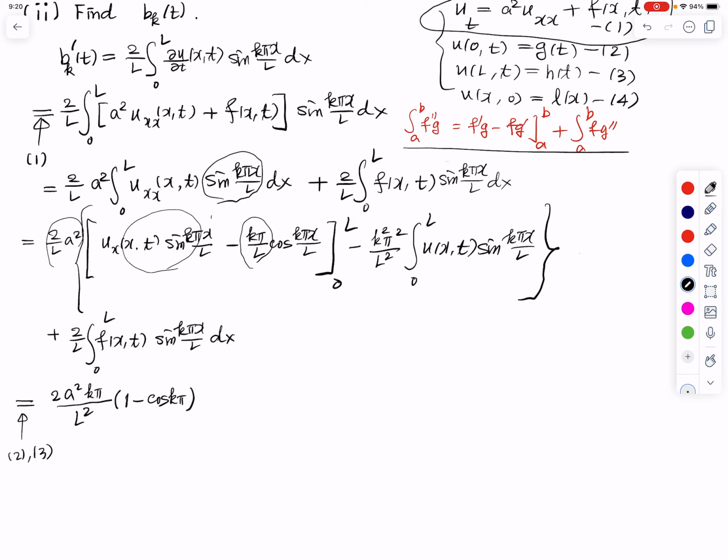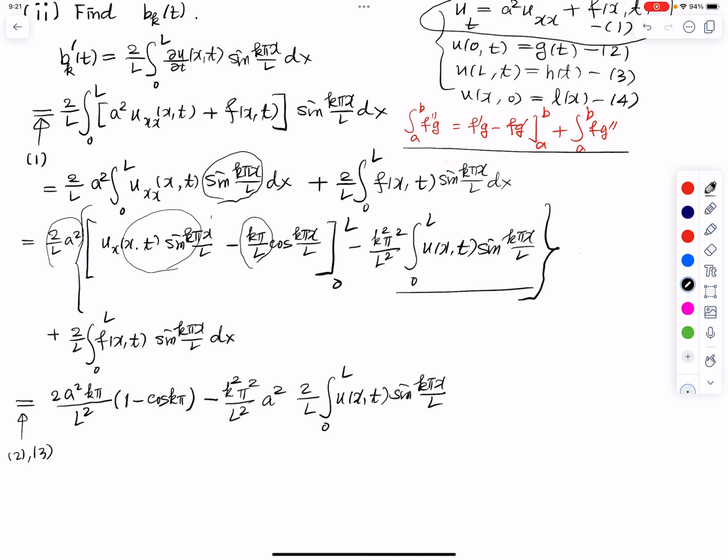So you have here, and then I have minus k square pi square divided by L square, and then a square, and then 2 divided by L integral 0 to L, this term u(x,t) sine k pi x divided by L dx, plus the last term, 2 divided by L integral 0 to L f(x,t) sine k pi x divided by L dx.